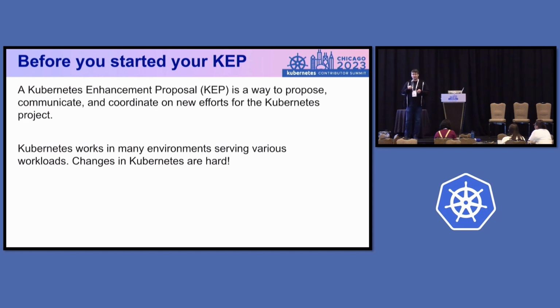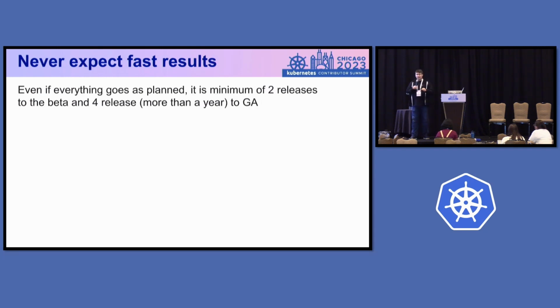Kubernetes doesn't have good tests on restart of a node, and we didn't test it intentionally, and so we broke this scenario. We didn't even think we touched this scenario, but apparently we did. It's another highlight that everything is interconnected in Kubernetes, and there are ways people use Kubernetes you may not even imagine. That's why changes are hard, and also this is why you should never expect that your KEP will be delivered fast.